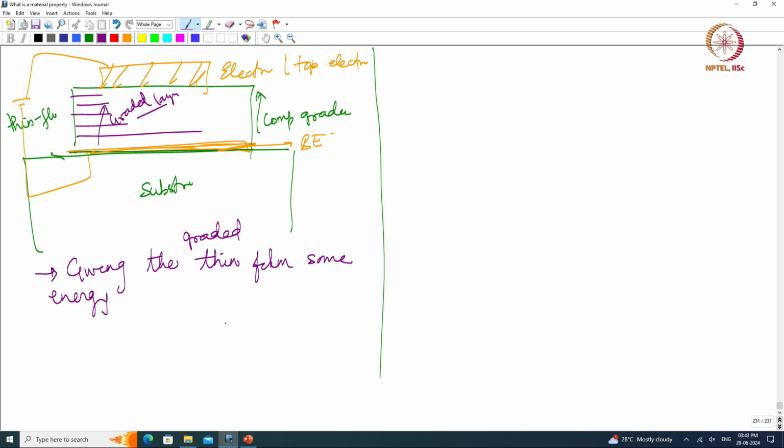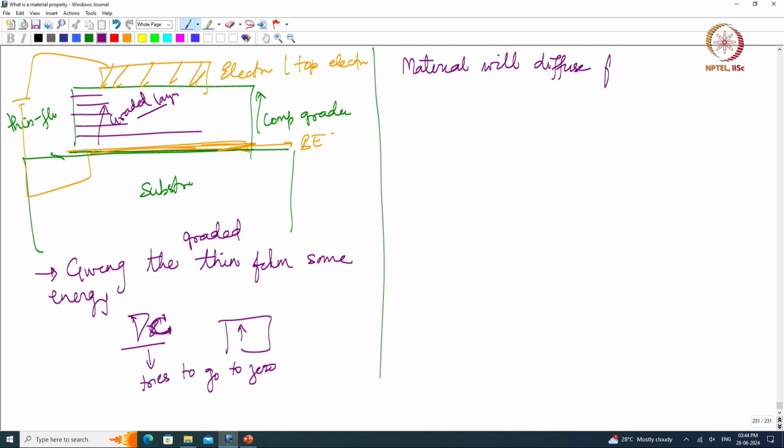Then the gradient in composition, delta x or delta c, tries to go to 0. In other words, material will diffuse, or rather migrate here, because it is under the influence of electric field and not temperature, from higher concentration to lower concentration.